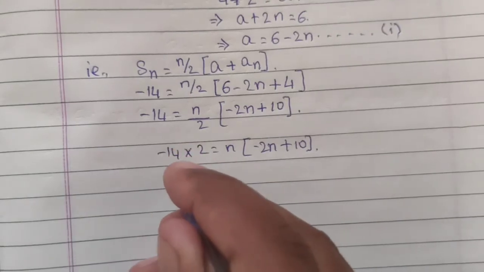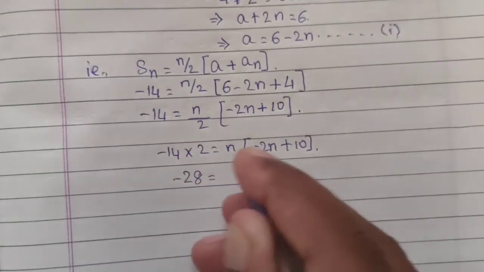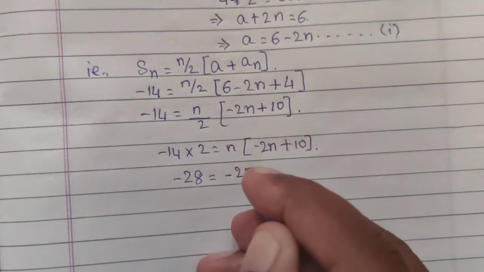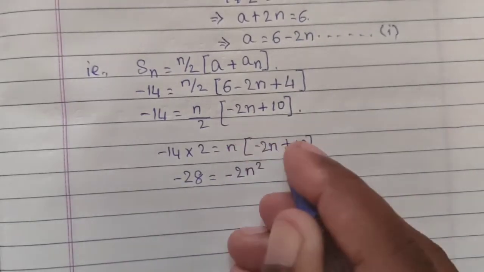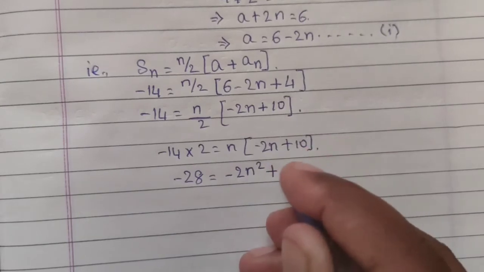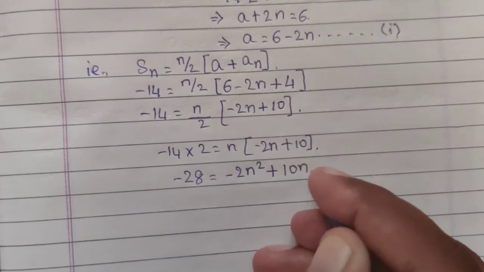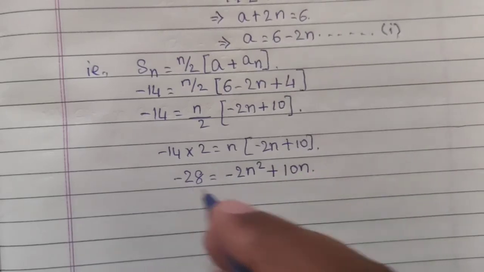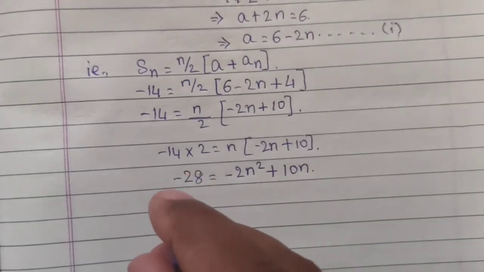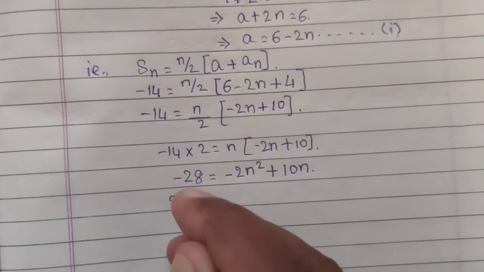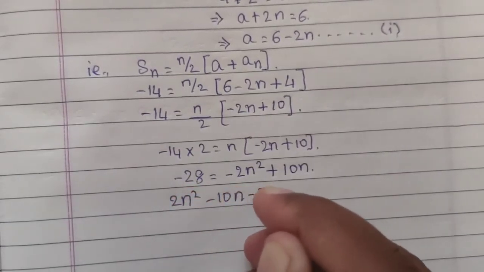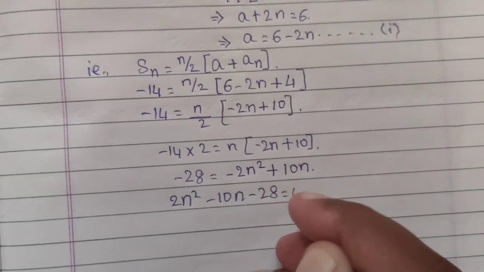14 into 2, 28 is equal to minus n into 2n, 2n square, plus 10 into n, 10n. Now let us shift all the terms of the RHS to the LHS. That is 2n square minus 10n minus 28 is equal to 0.